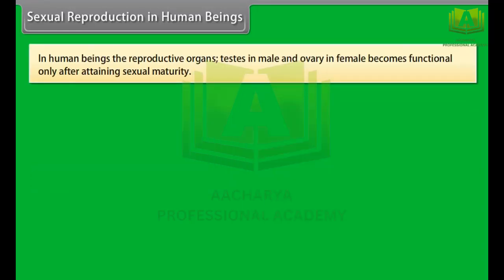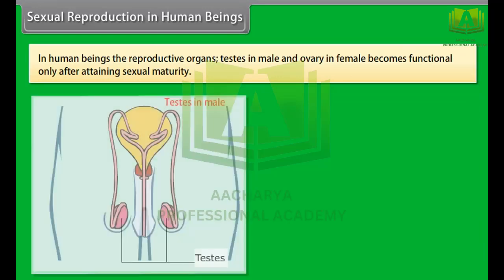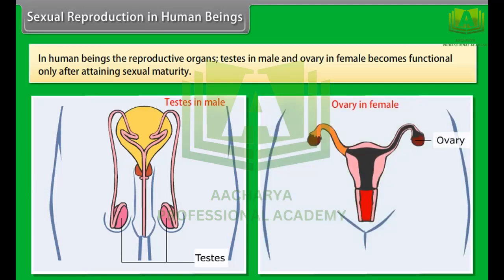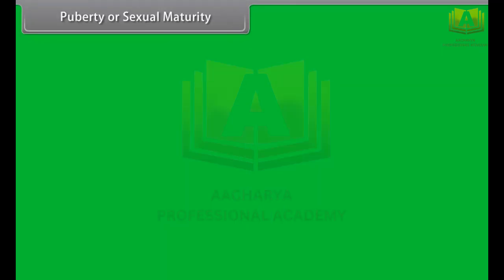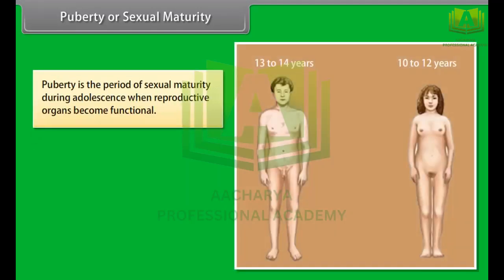In human beings, the reproductive organs, testes in male and ovary in female, become functional only after attaining sexual maturity, puberty. Puberty is the period of sexual maturity during adolescence when reproductive organs become functional.